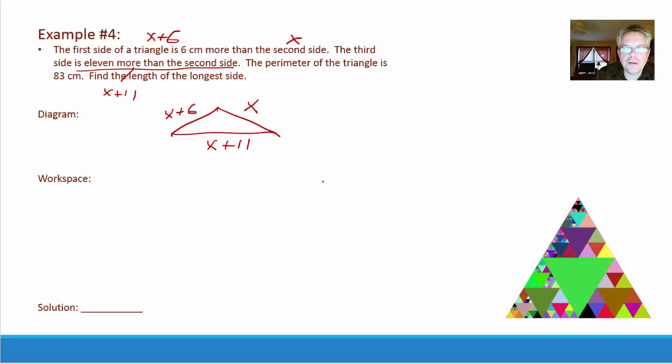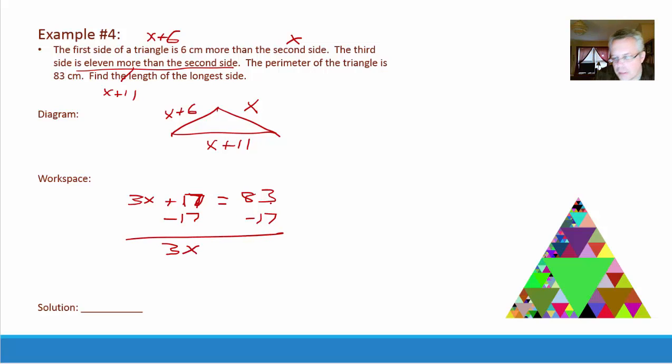All right, we're ready to go. So if we have this diagram, it makes it easy. So 3x plus 17, that's the perimeter, is equal to 83. Okay, subtract 17 from both sides. So we get 3x. That's going to be equal to 66. All right, divide by 3.